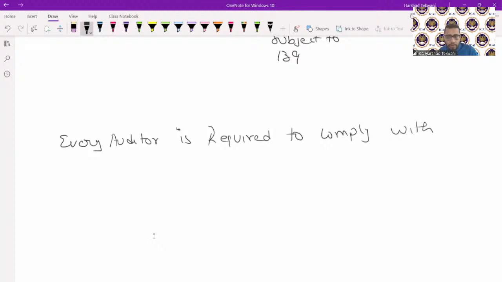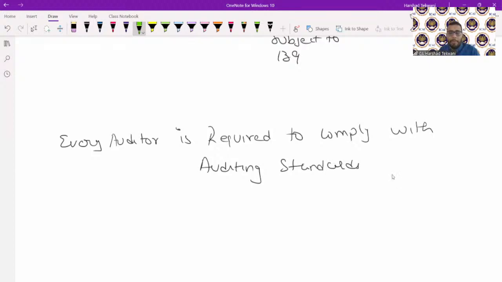We already know that every auditor, even in other audits, as it is mandatory by ICAI, is required to follow standards on auditing, but the same requirement is reinforced by the Companies Act also.